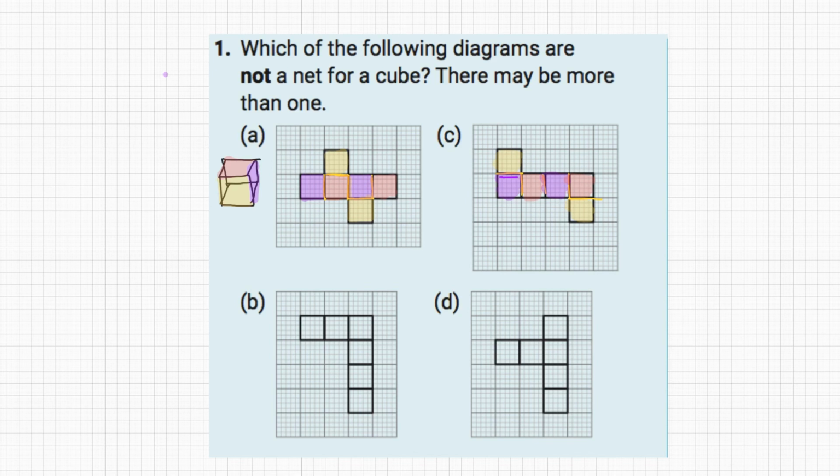Okay, so where would I try and fold this box? Well, let's look at D. I'd try and fold it there and there and there. So it means that this would be the base of the box, and this would be the top of the box again. The back face of the box would be the yellow here, and the front face of the box would be here, and this purple would be the side of the box.